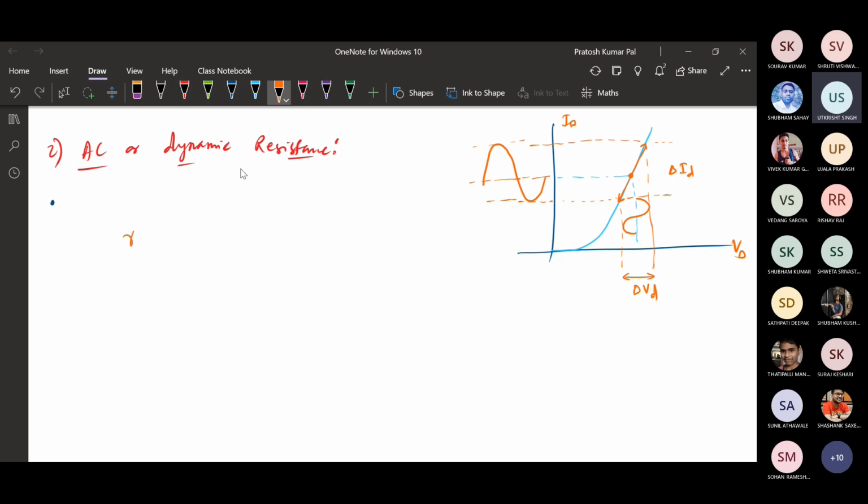So basically this AC resistance is RD. It is given by the change in diode voltage divided by the change in diode current.